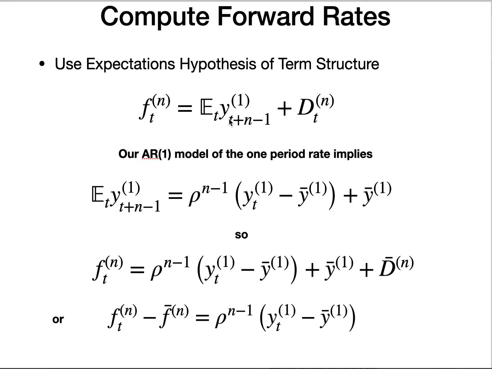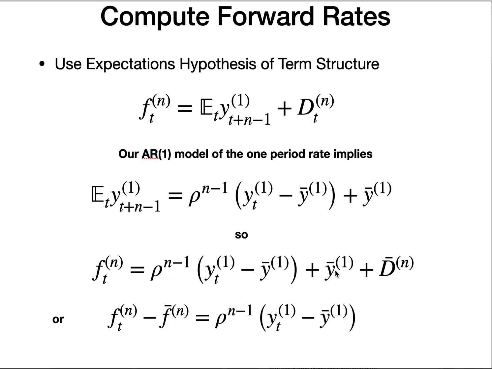And we've previously, by assuming that this thing is always equal to its unconditional mean here, we now have an estimate of this term as well. So now we have everything we need to construct a model version of the forward rate. This is what the model says the forward rate should be as a function of an estimated parameter.